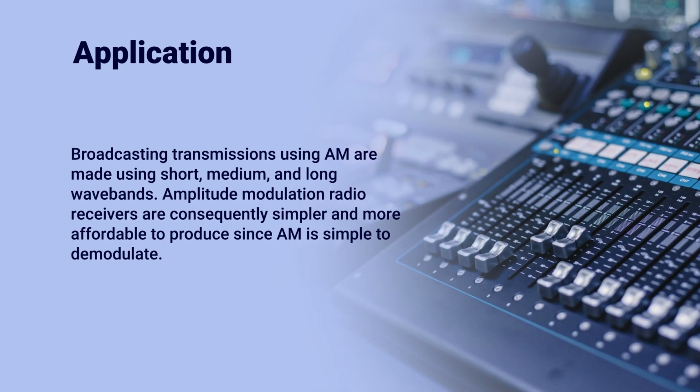Now, next we will see the applications of amplitude modulation. The first application is broadcasting. Transmission using AM is made using short, medium and long wavebands. Amplitude modulation radio receivers are consequently simpler and more affordable to produce, since AM is simple to demodulate.